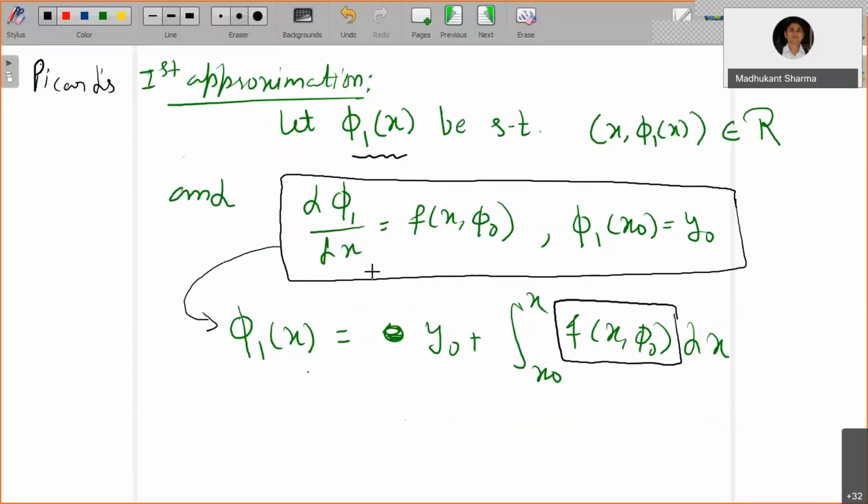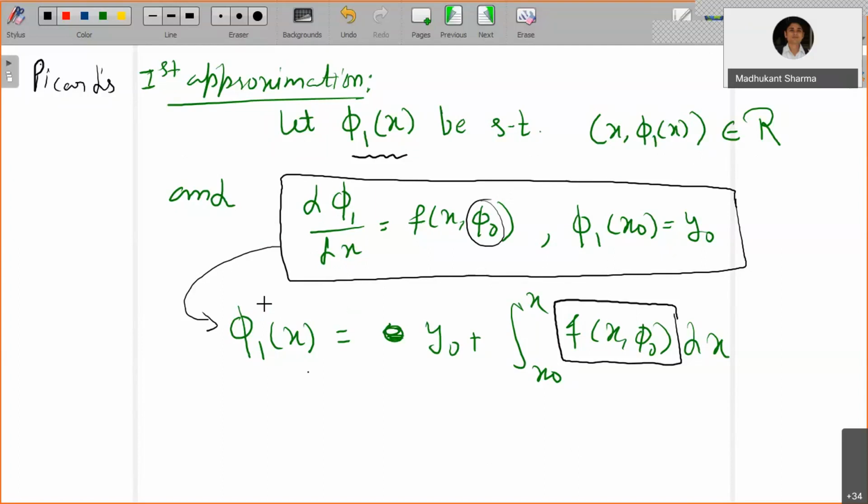The second approximation: by using this phi1 you will construct an improvement. So phi2 is such that x comma phi2 of x belongs to R, and phi2 will satisfy the differential equation d phi2 by dx equals f of x comma phi1, with the initial data phi2 of x naught equals y naught, and then you can write it in the equivalent form.